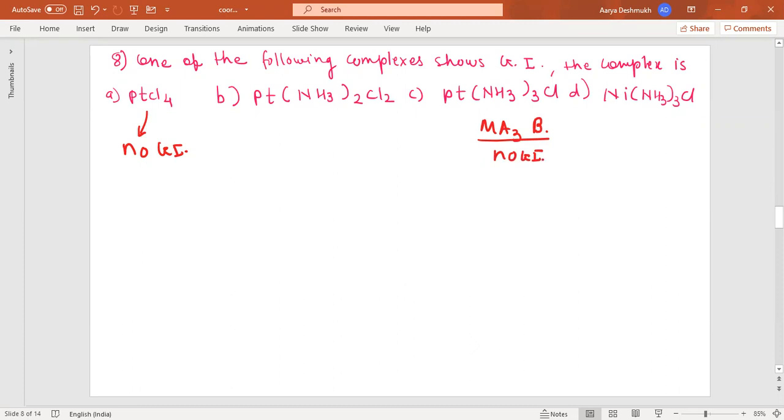This is again NH3, Cl, same thing. Only there is a change in the metal. So same type Ma3B, no geometrical isomerism. Isn't it? Now we are left with this only.